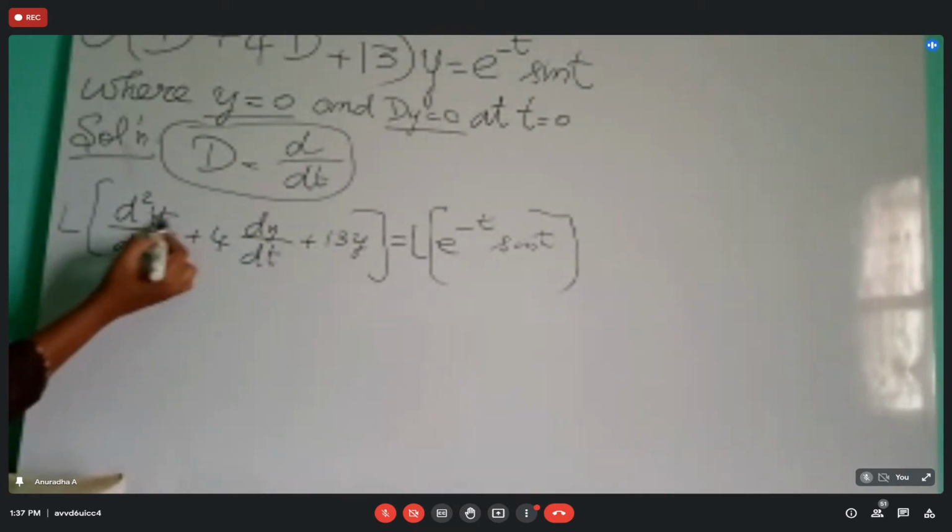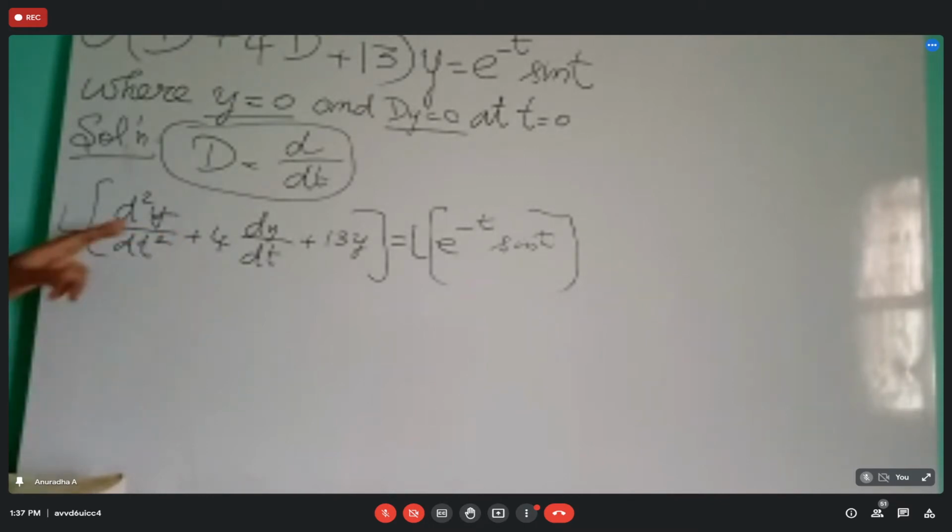Now the derivative formula. Think of y as f of t.